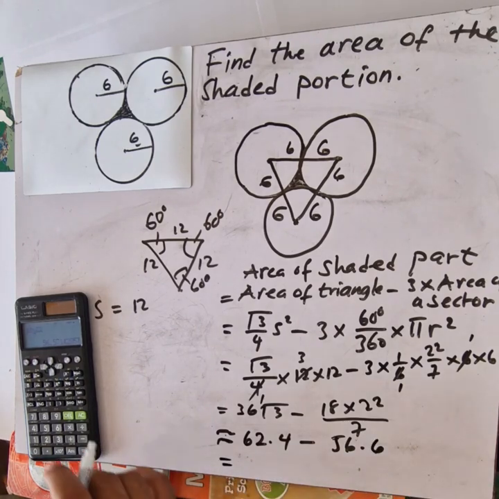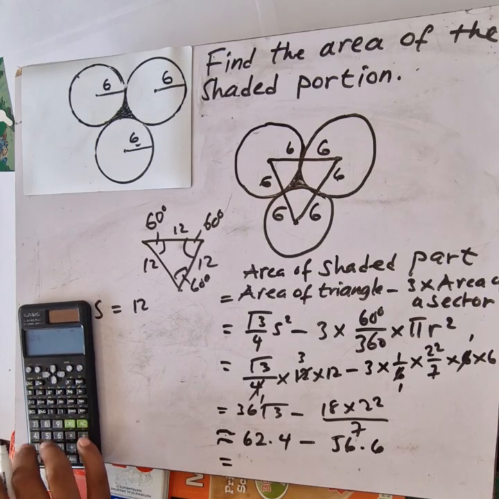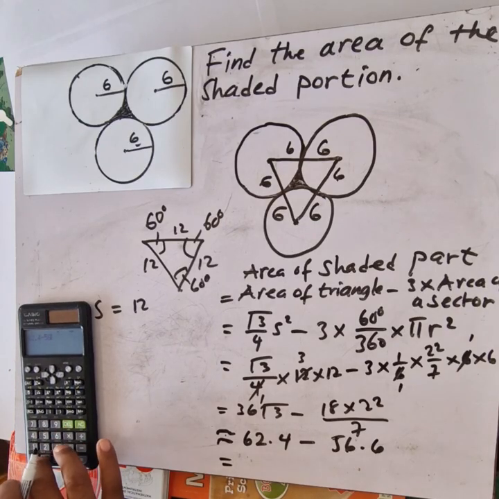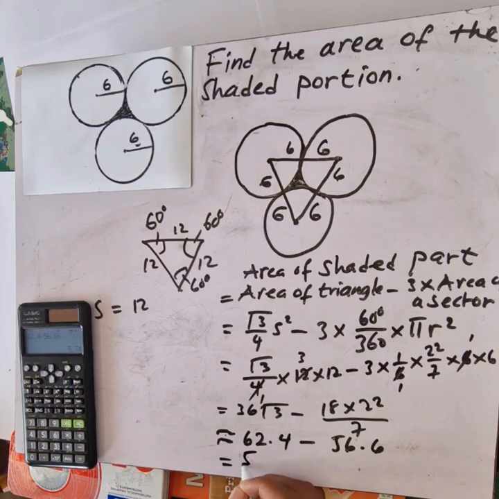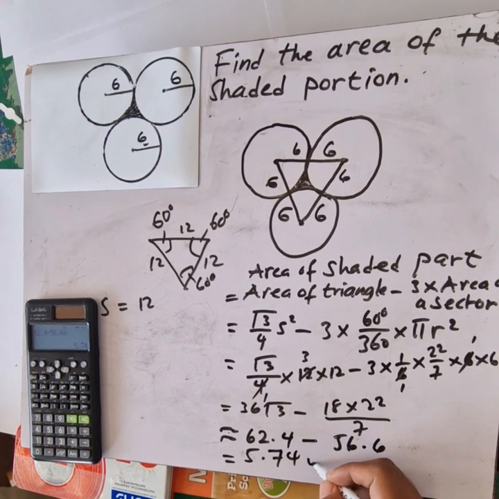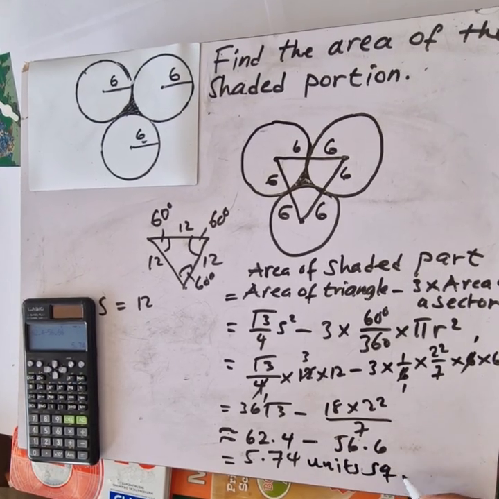So our answer is 62.4 minus 56.6, which turns out to be 5.74 units squared.